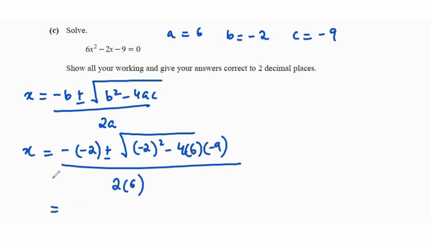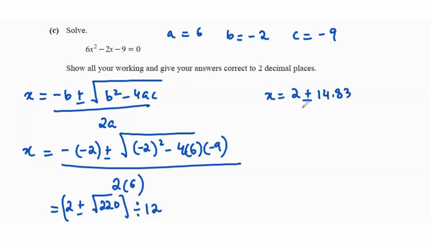And that's going to give you 2 plus minus square root of 220 divided by 12, which will be 2 plus minus 14.83 over 12.